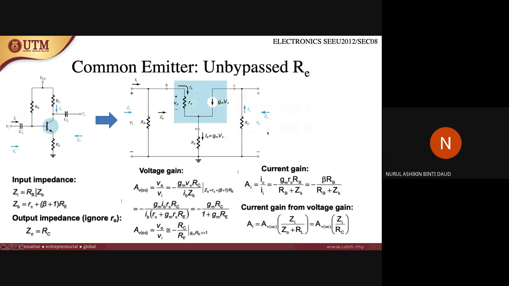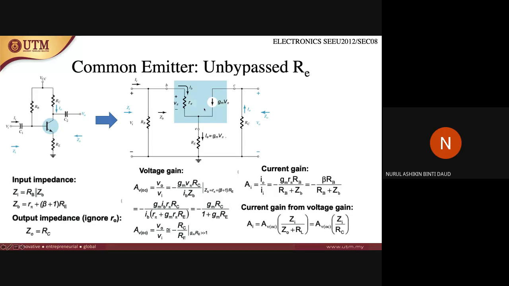Inside the transistor are the r pi and gm v pi, and there is an RE here. So it should be RE here, and this is how the AC equivalent circuit looks.